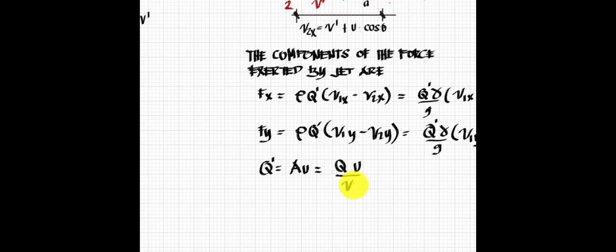So we have the release of V1. Then for our U, remembering that we have the absolute velocity of the jet before it strikes the vane minus the velocity of the vane.